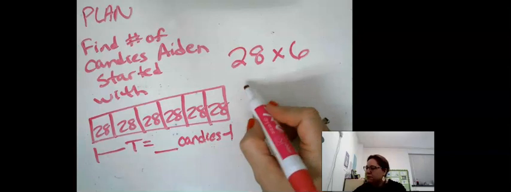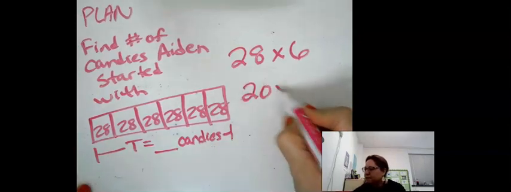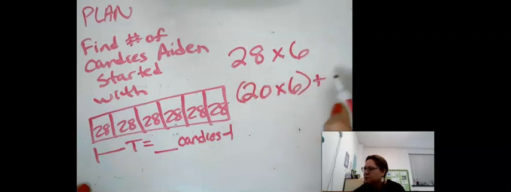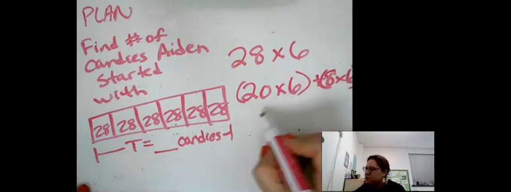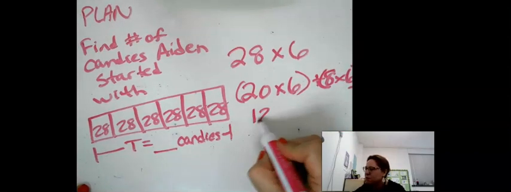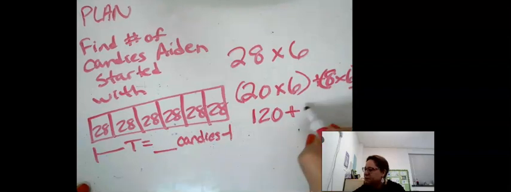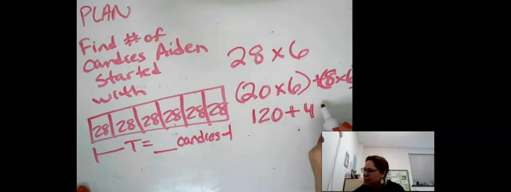All right, so I can do 20 times 6 plus 8 times 6. All right, 20 times 6, well, 2 times 6 is 12, so that means 20 times 6 is 120, and 8 times 6, or 6 times 8, either way, that is 48.